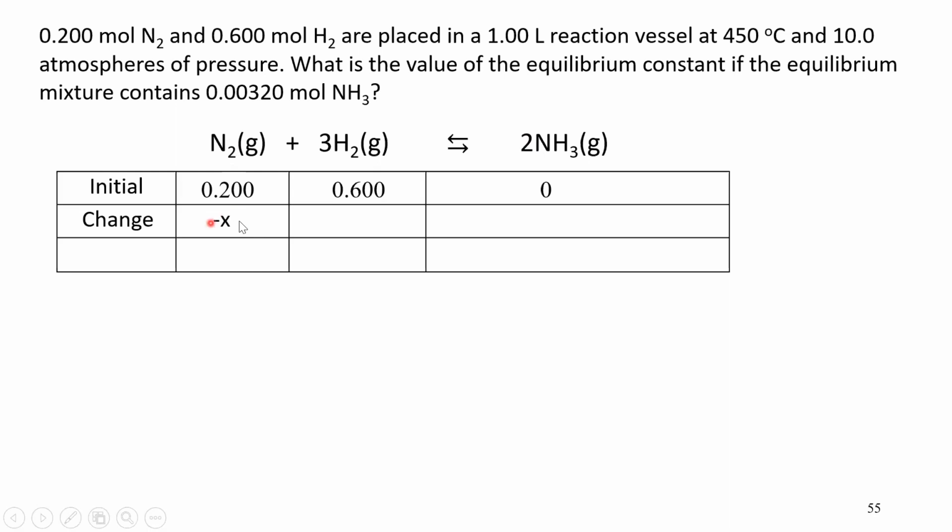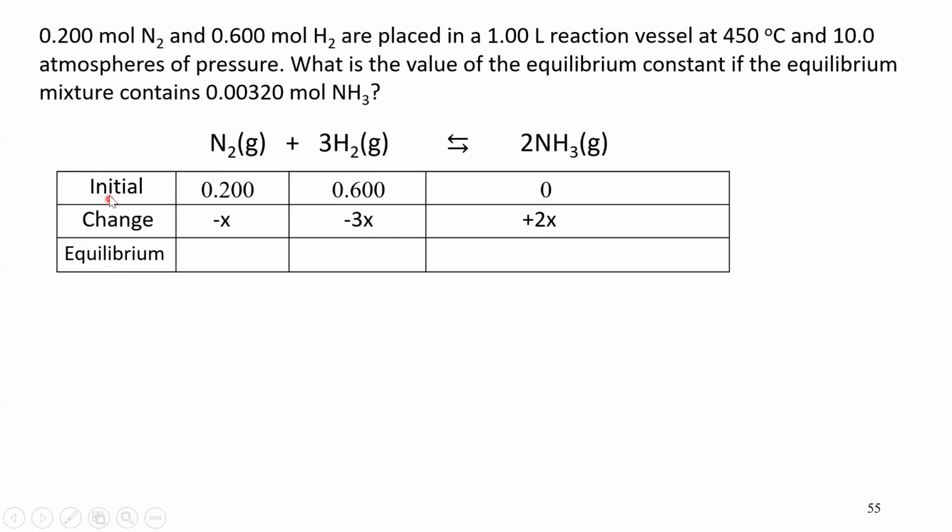That's why there's a negative sign. 3X of hydrogen is going to be reacted. That's why we have the negative sign, and it's a 1-to-3 ratio. 2X of ammonia is going to be produced, and we have a plus sign here because we're making the ammonia to get to equilibrium.